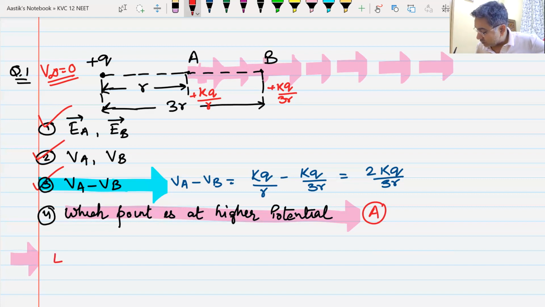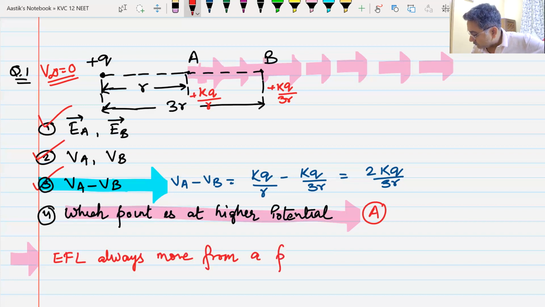Electric field lines always move from, or flow from, where to where? From higher potential to lower potential. Yes, sir. From a point of higher potential to a point of lower potential.